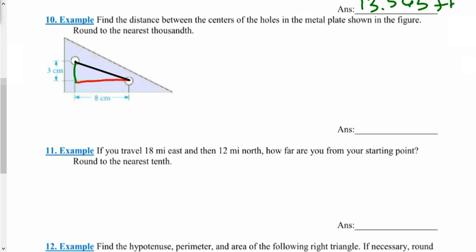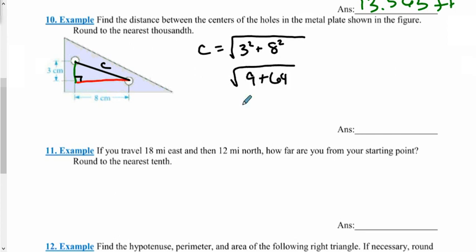So what we've got here is just another right triangle. Here's 3 by 8 by I don't know. A squared plus B squared equals C squared, or since we're trying to find the longest side, we're going to add the squares. Now I've got 9 plus 64 makes 73.